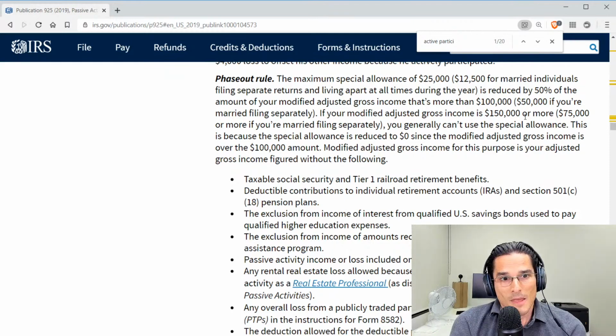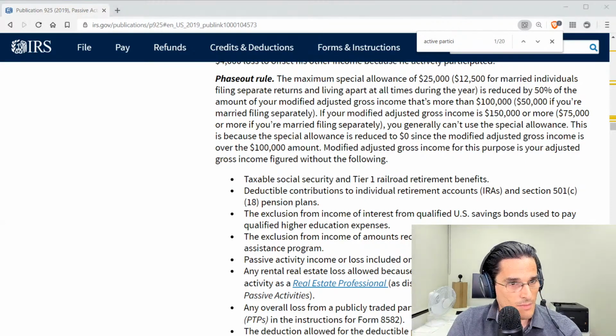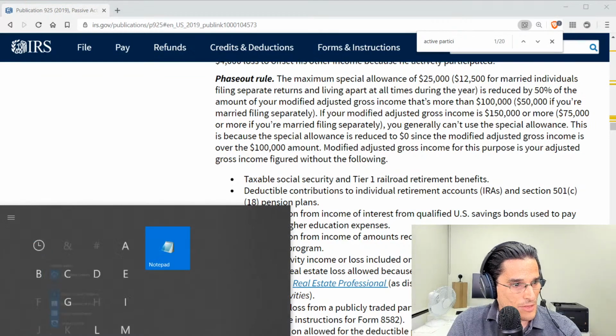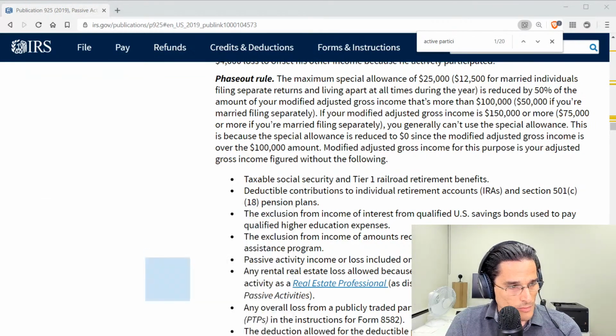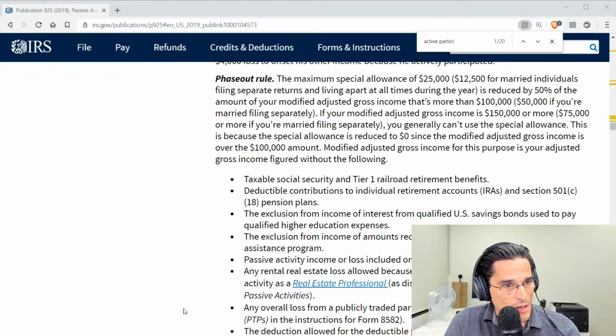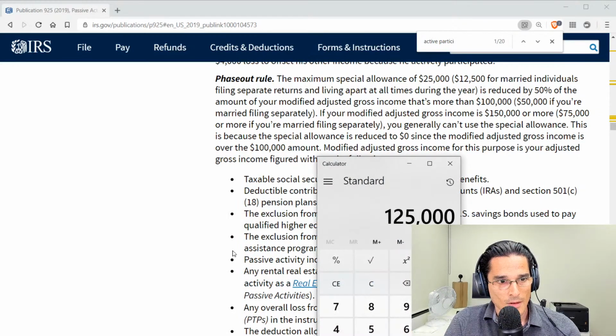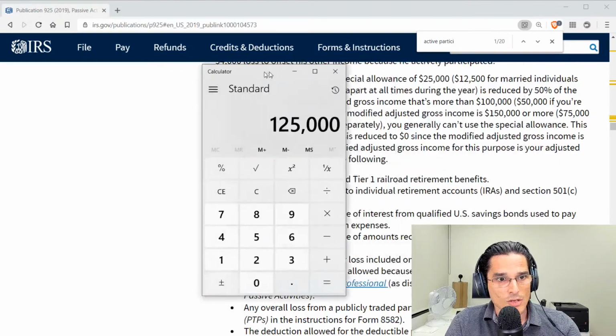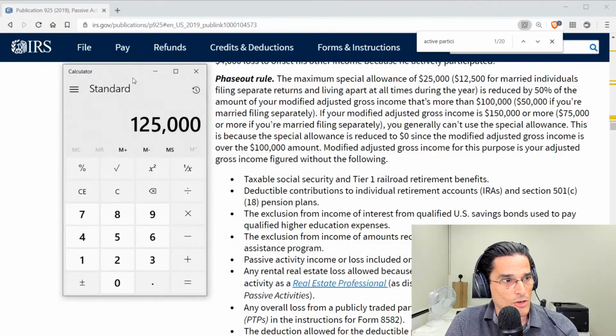All right. Essentially, if you, let's say, are at $125,000 of gross income, let's do the math on this. $125,000. And we exceed the $100,000 lower threshold by how much? $25,000.